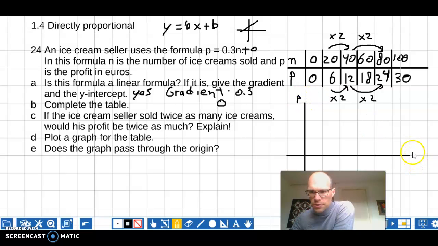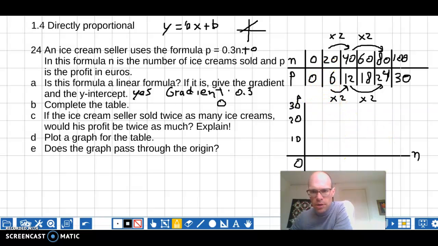This is called the number of ice creams sold, or the n-axis. The profit goes up to 30. If this is the origin, I have 10, 20, and 30.